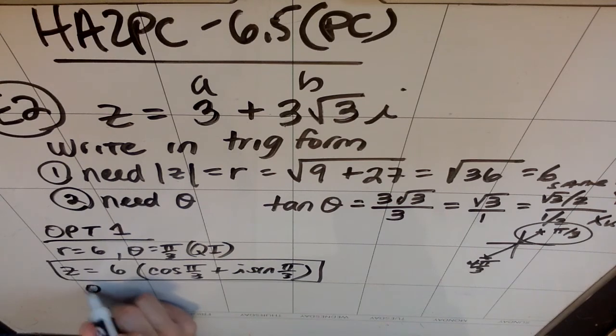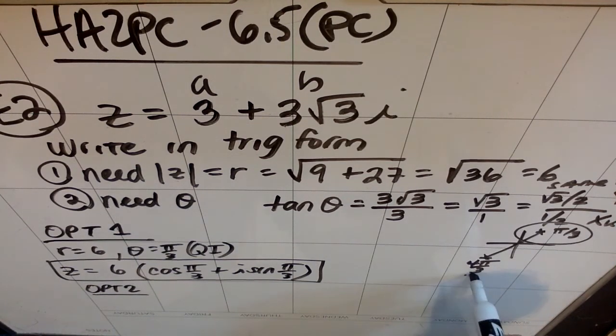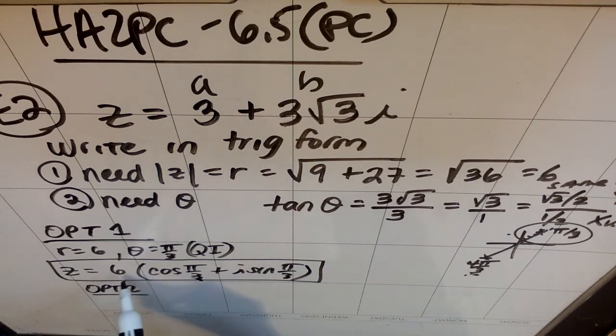But there is actually a second option. There's a reason that a lot of textbooks will call this r instead of the absolute value of z. So r is in theory a positive number, but let's say I picked the wrong angle. This is saying face this direction and walk 1, 2, 3, 4, 5, 6 units. That's what this is saying: face pi over 3 and then walk 6 units as r. What if I had faced the wrong way instead?